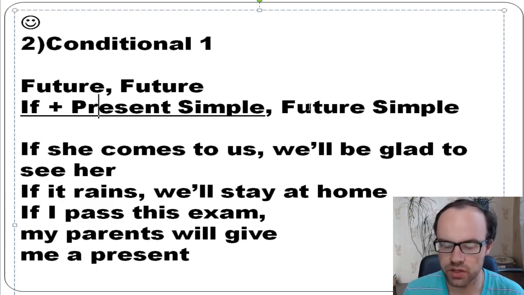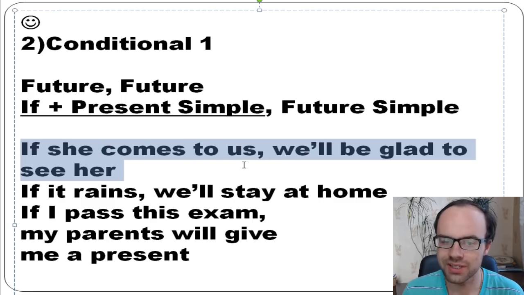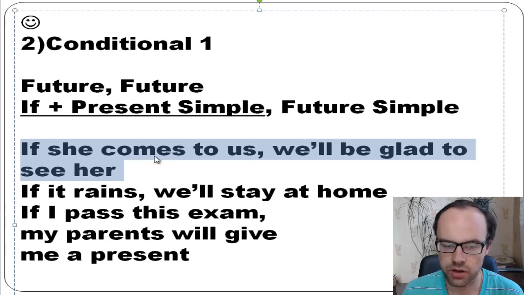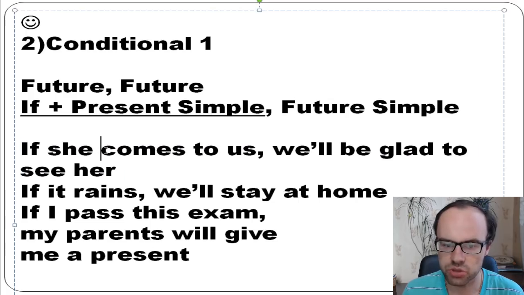Let me give you an example. If she comes to us, we'll be glad to see her. You see that it's in present simple. If we have he, she, it, we add s. She comes.